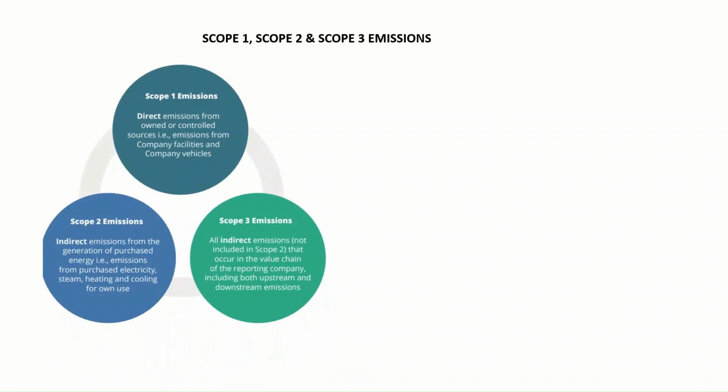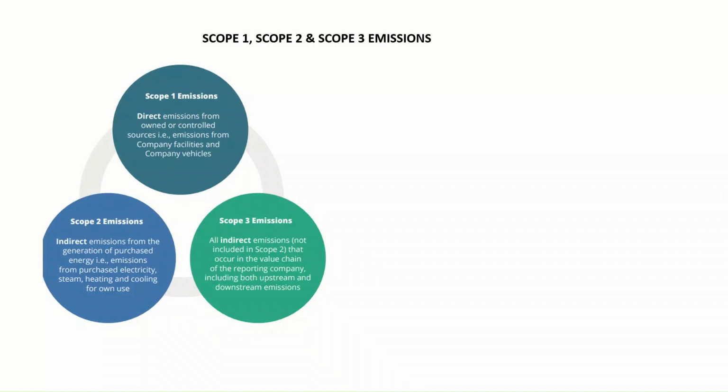Whatever emissions come from within the organization, or are a part of the organization, come under scope 1 emissions, where the organization or company has control to reduce or accelerate those emissions.